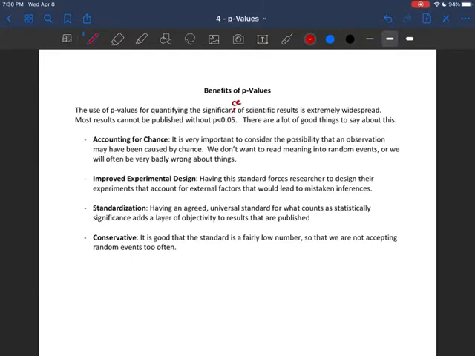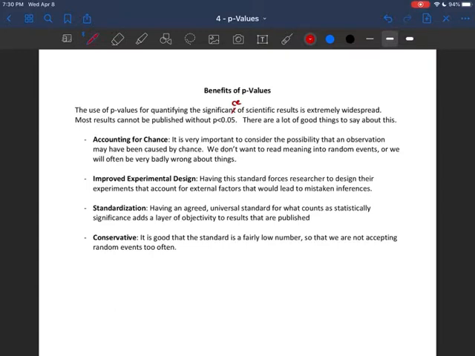So the main thing is that this is accounting for chance. It's really important to consider when you observe something that it might have been caused by nothing. It might just be a thing that happened that you should not give meaning to. And so the p-value is a way of quantifying that chance, the probability that you might be observing something that is not significant.